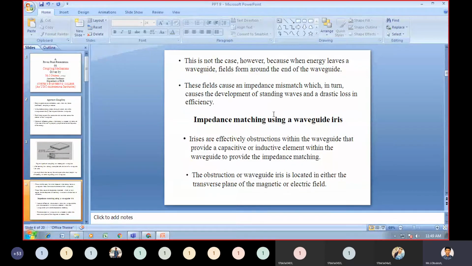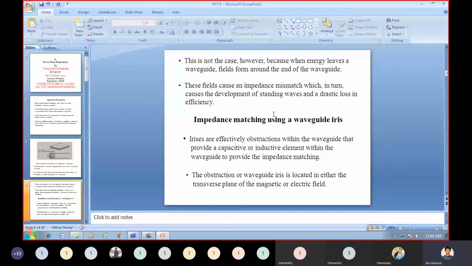These irises are effectively obstructions within the waveguide that provide a capacitive or inductive element within the waveguide to provide the impedance matching.